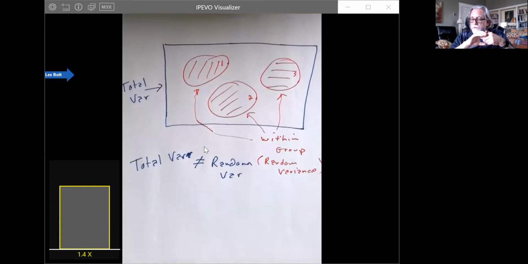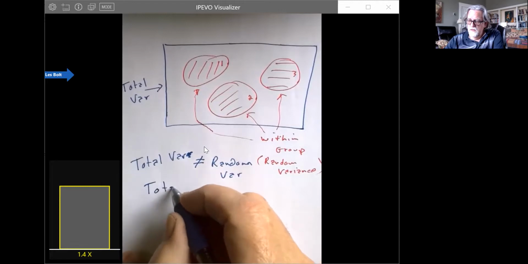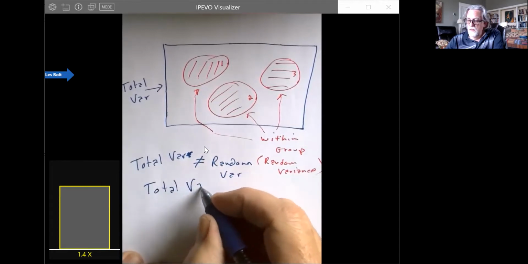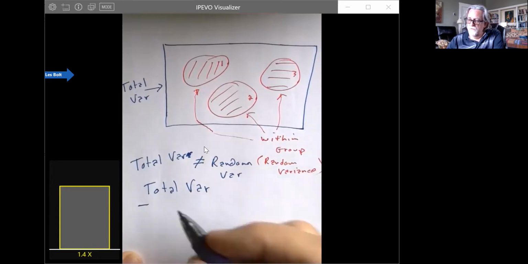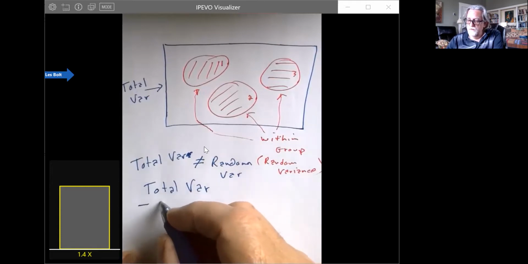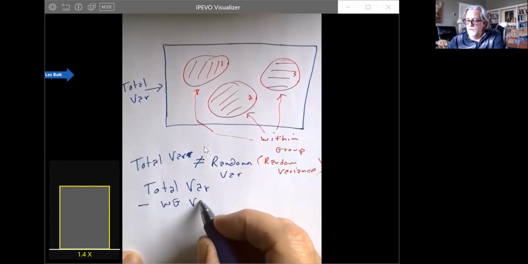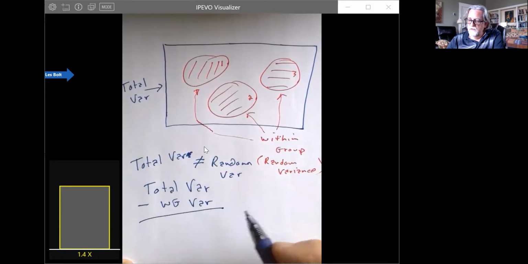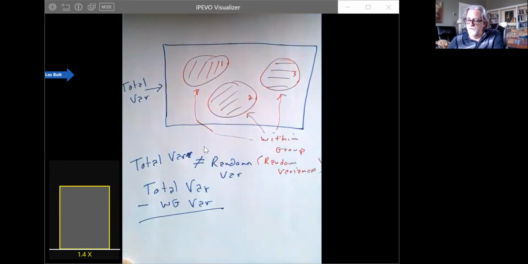And so if we take total variance and subtract out the within group variance, I'll just do WG, there is a quantity that is left. There's something that's left.